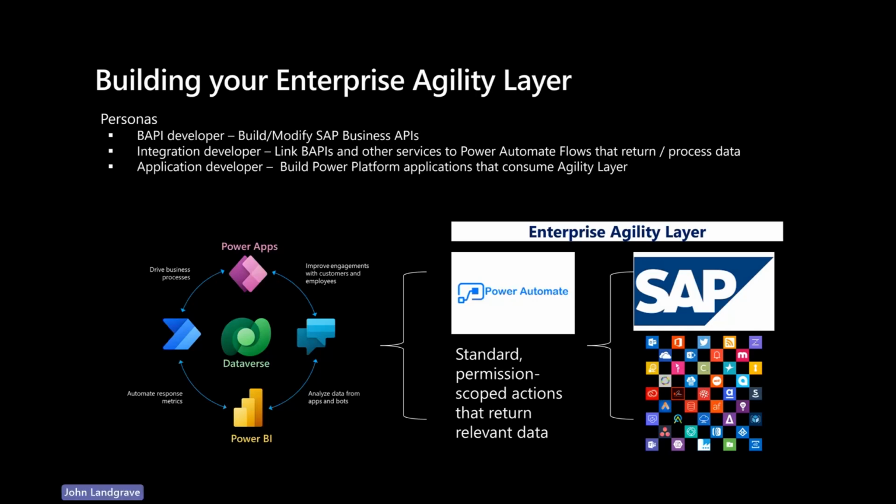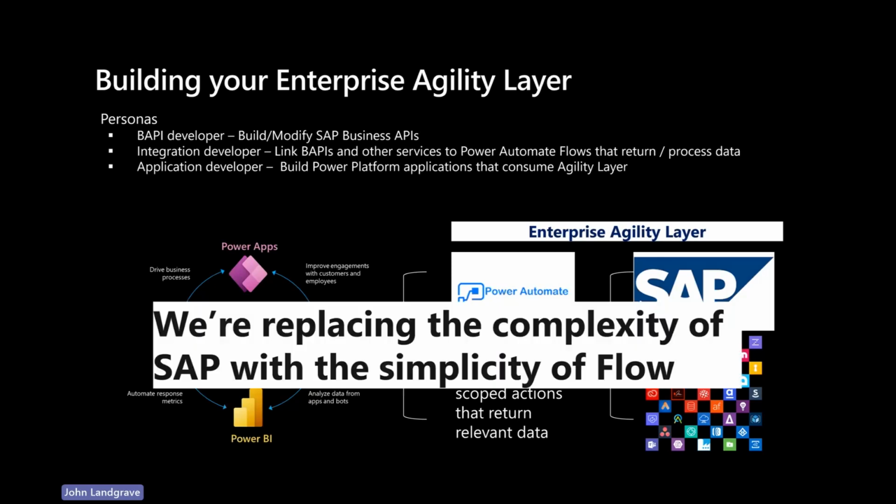So what we've provided basically is a set of APIs implemented in Flow. And the concept here is that we'll take the complexity of SAP and mask that with the simplicity of Flow, to the extent that you believe Flow is simple. But it's certainly simpler than the complexity of the SAP API.